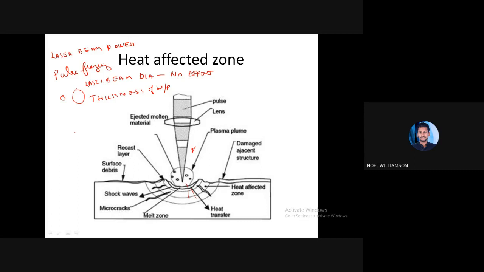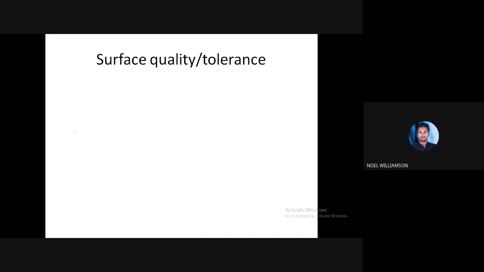Now regarding the quality produced, or the tolerance, surface quality or tolerance, what is happening? First of all, the focus position. Focus position is the significant thing which affects the quality.